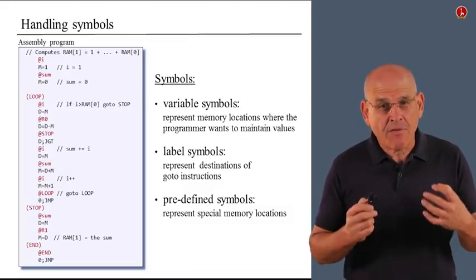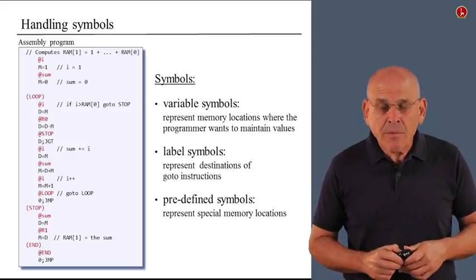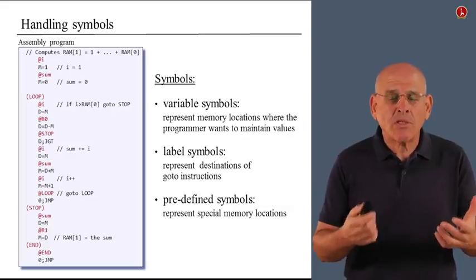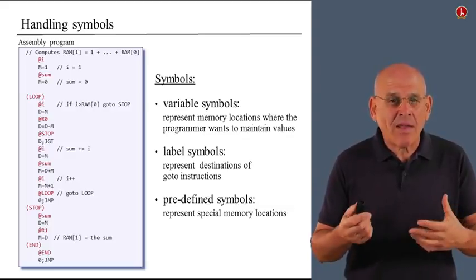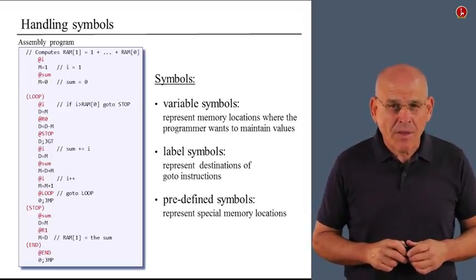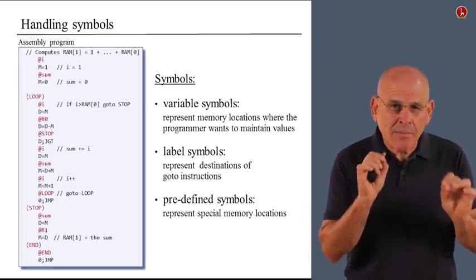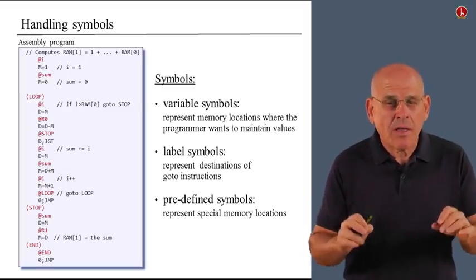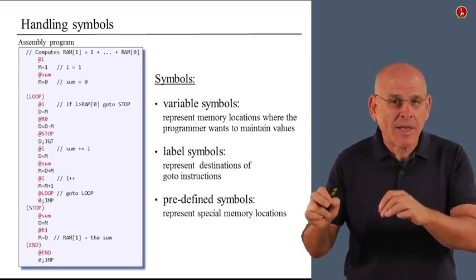First of all, we have variable symbols. Variable symbols represent memory locations where the programmer wants to maintain some values that typically change in the course of executing the program. Now, this sentence is a little bit misleading because the programmer doesn't care at all where these variables are actually located in memory.